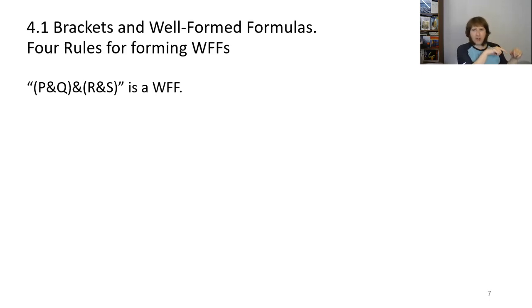They're then put into brackets. They then act as a single logical unit that's being connected by the and in the middle. So the statement overall, governed by the and in the middle, is saying both of the following statements are true: P and Q taken as one complex statement, and R and S taken as another complex statement.